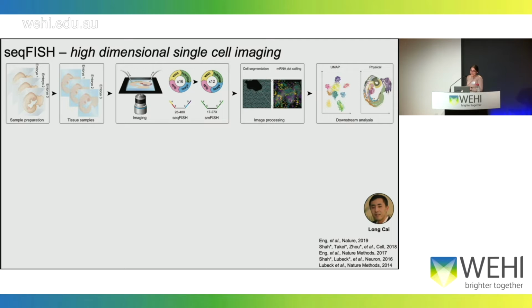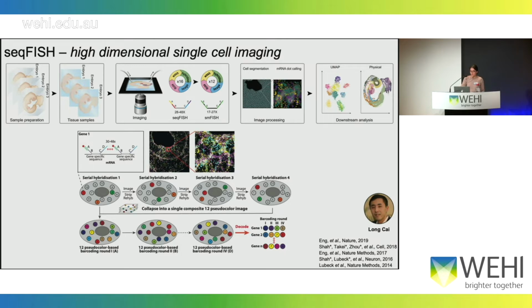For this project, we used this technique on 3 sagittal sections of mouse embryos, and we subjected these samples to seqFISH as well as some additional rounds of single molecule FISH. Following that, we performed image processing, including cell segmentation and quantifying the molecules in space, and then downstream analysis.